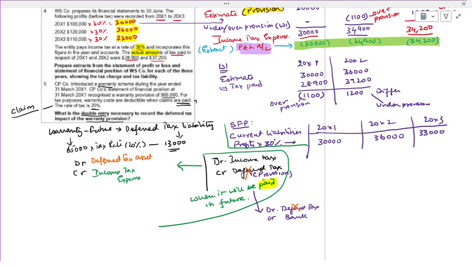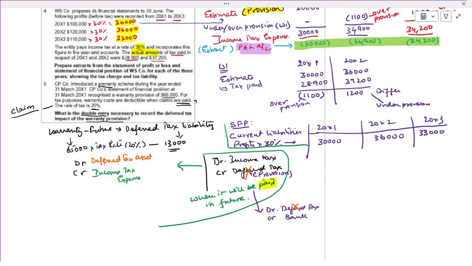We assume it may be paid; till it is not paid, we are going to treat it as an asset. Once it is paid, definitely we will cancel it. Then we will make a provision, debit the income tax, and whenever it is going to be claimed, deferred tax against bank.